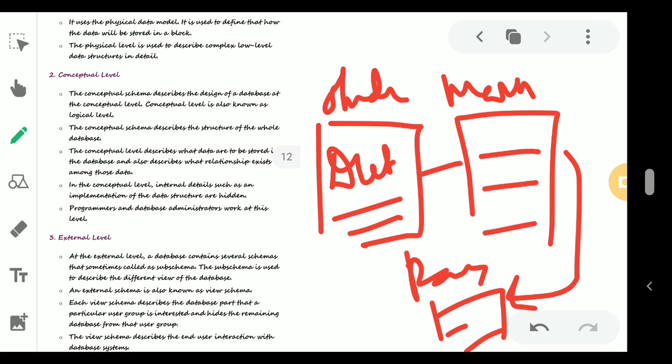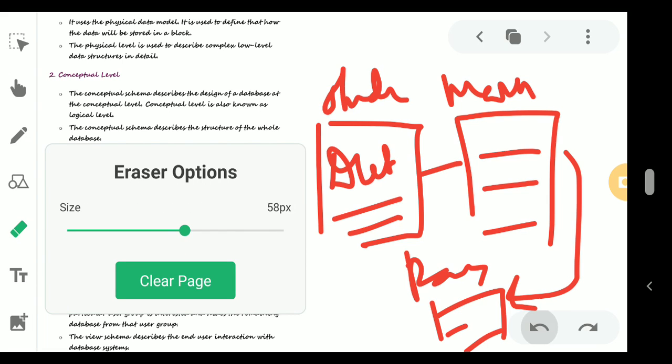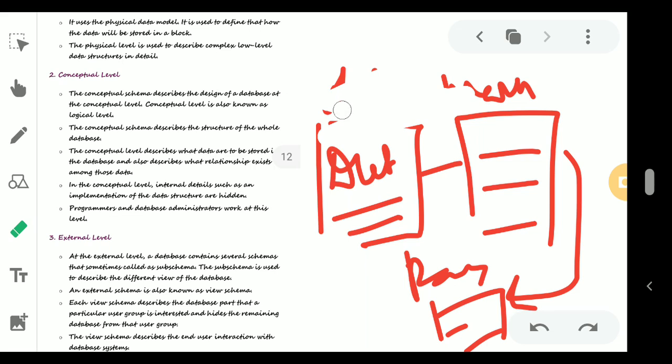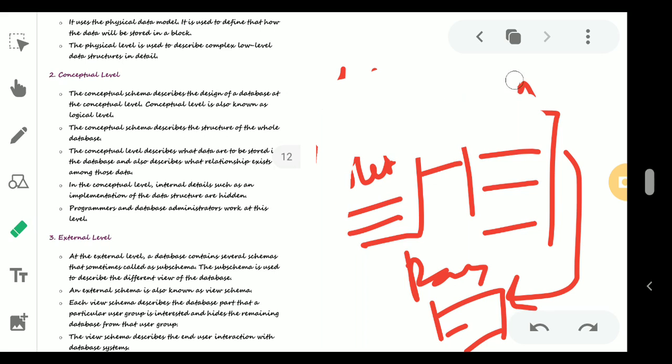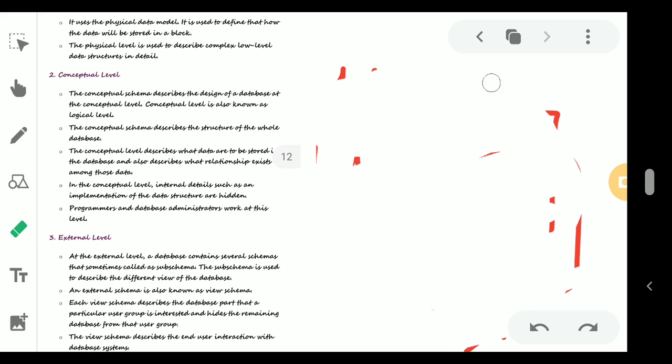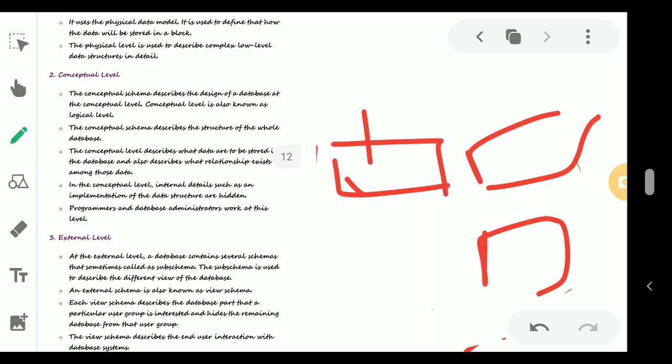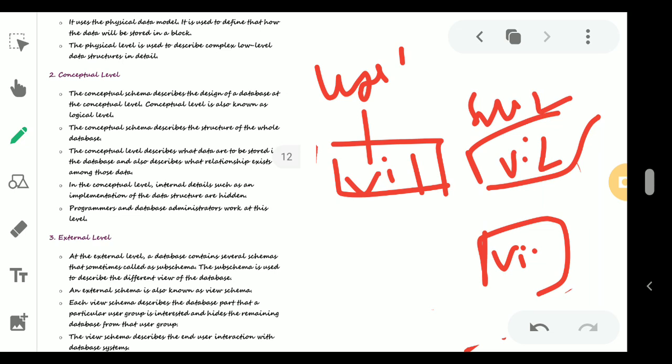Now comes the third one, the external level. The physical layer is a low level of data abstraction, and this external level is the high level of data abstraction, because there is a limited view of a table: view 1, view 2, view 3, and here are user 1, user 2 and user 3.